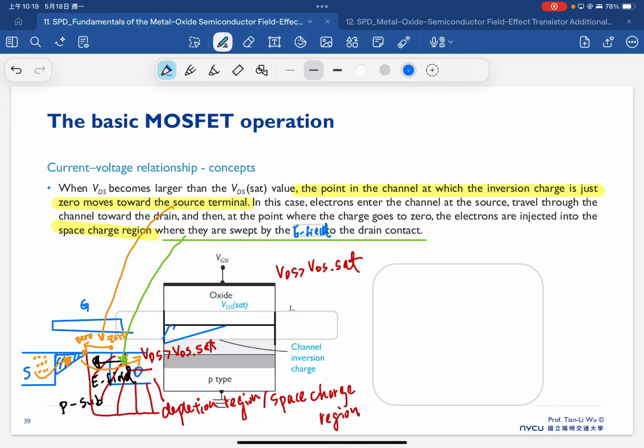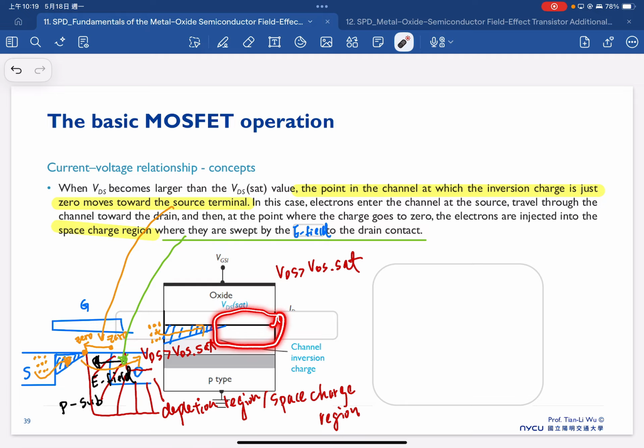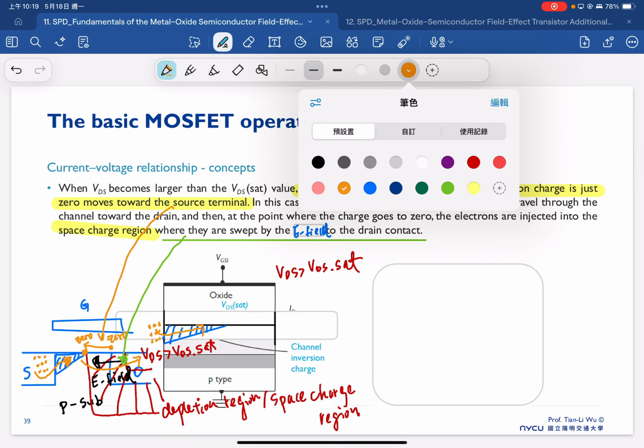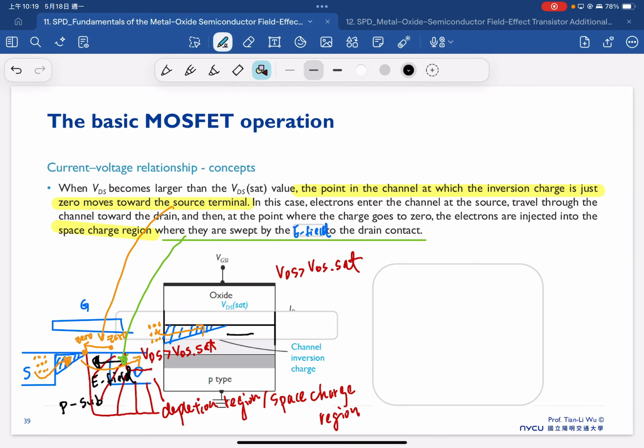Showing as a triangular shape here. And then based on our explanation, the electron in the source will first go through this channel, and because of the zero point moving towards the source side, there is the formation of the space charge region, and inside the space charge region we will have the electrical field.